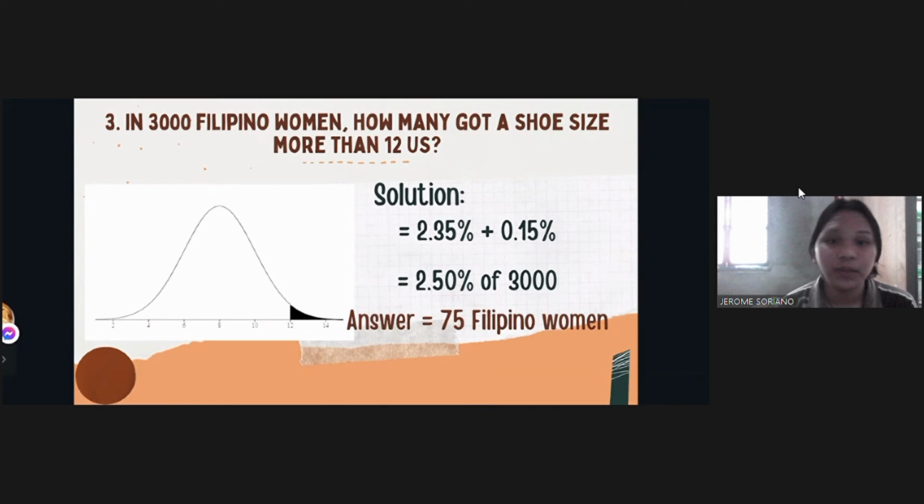And the remaining 0.15% will be added, a total of 2.50%. And since the question asks for people, we find 2.50% of the given population, which is 3,000 Filipino women. The 2.50% of 3,000 is equal to 75 Filipino women. And that is our final answer.